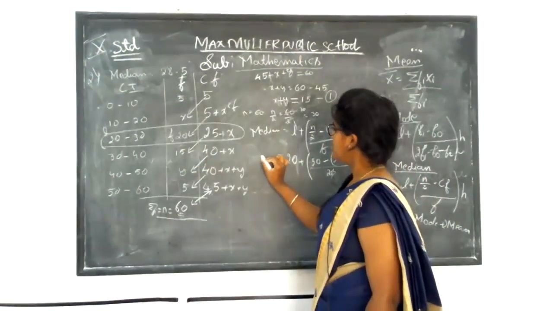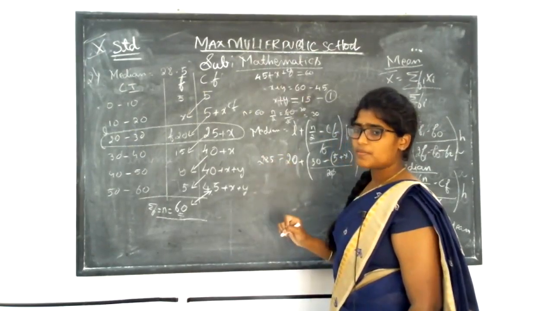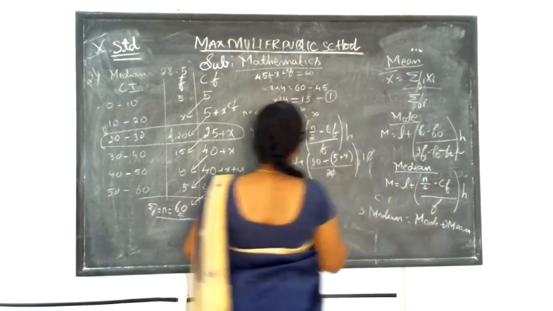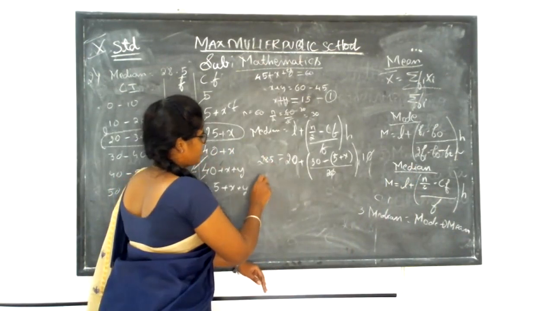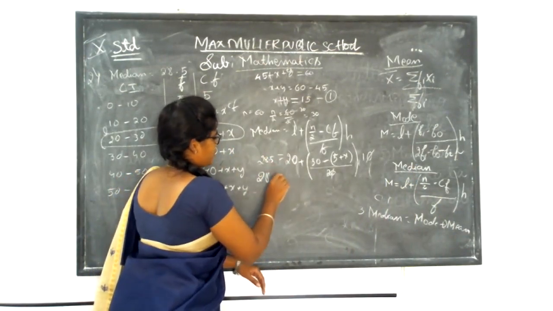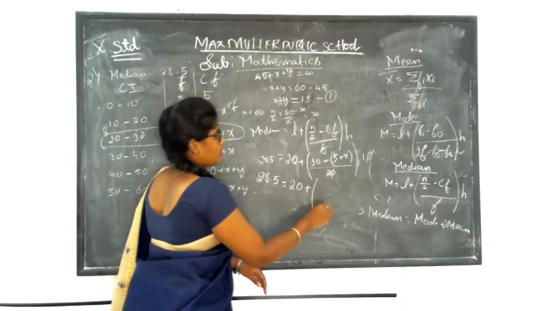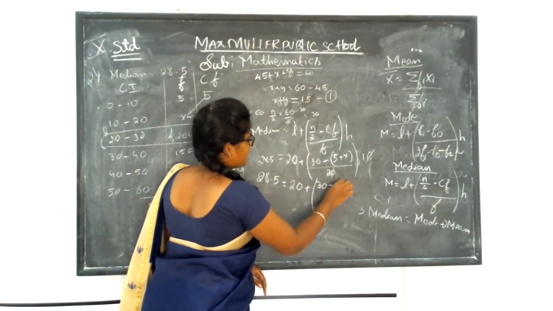What is the median given? 28.5 is the median given. Correct, yes or no? Now how much will you get? 28.5 is equal to 20 plus 30 into minus into plus will be minus 5.